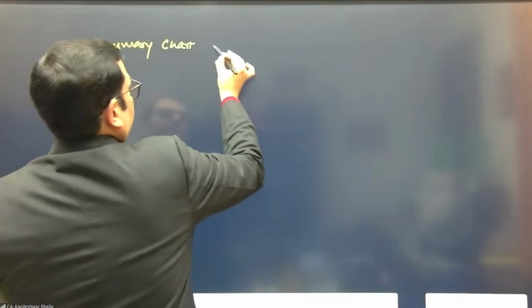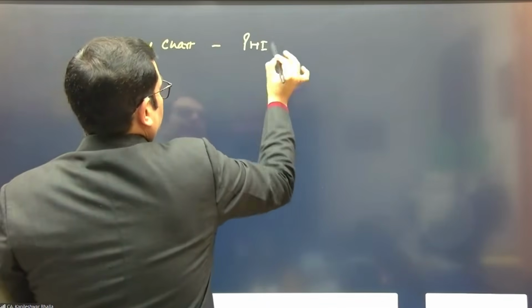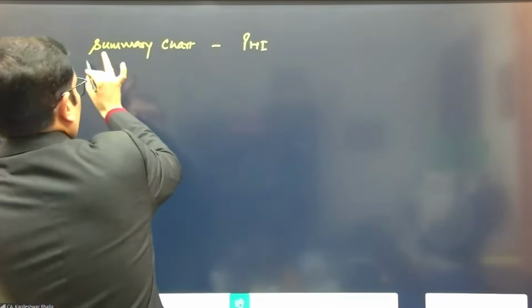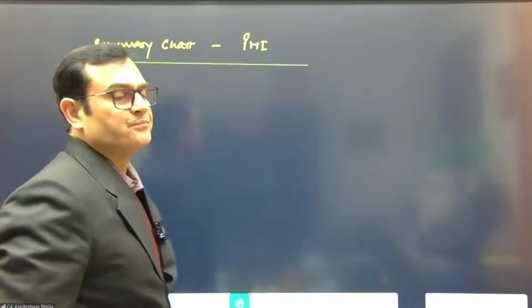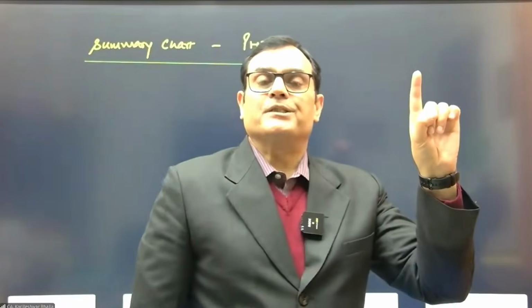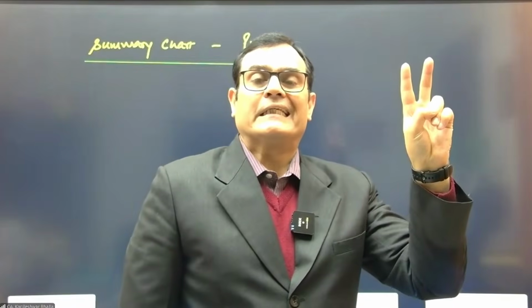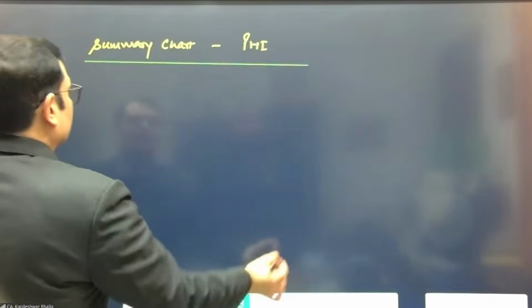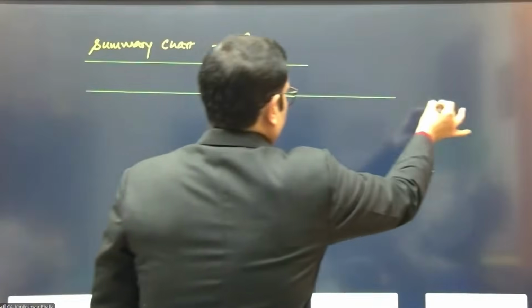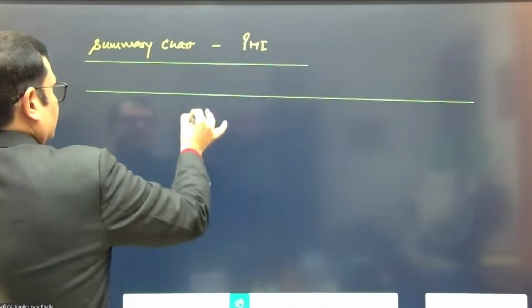I'm right now concentrating on a quick summary chart in terms of PHI. I want to look at the impact of PHI from 2 steps' point of view: the impact in step number 4, PC, and the impact in step number 7 in terms of journal entry. If you're able to visualize this, then we're going great.